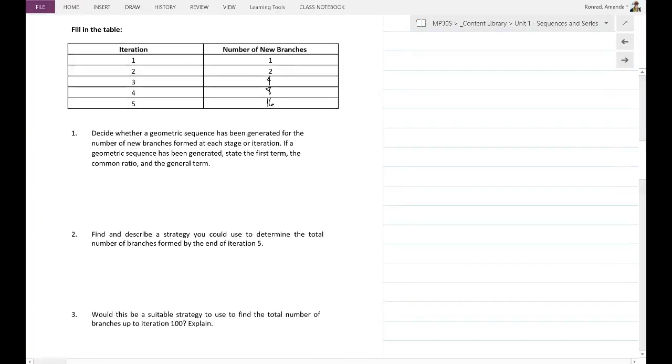If we can define a common ratio, then we can definitely conclude that a geometric sequence has occurred. Another way of deciding is just by looking and saying, well, it's always multiplying by 2. So yes, it is a geometric sequence.